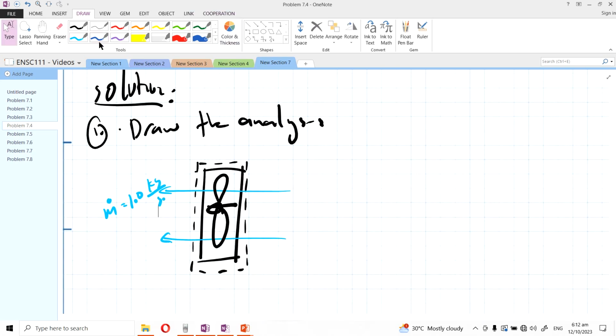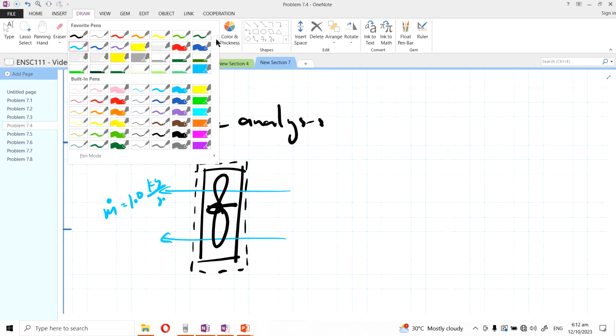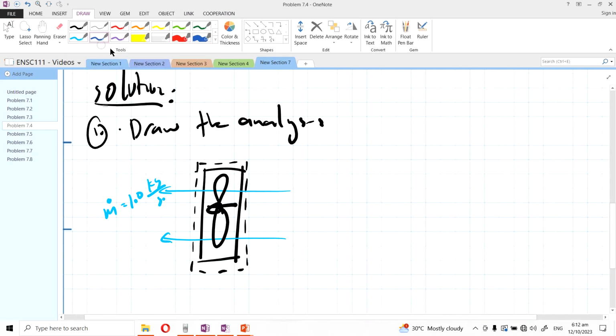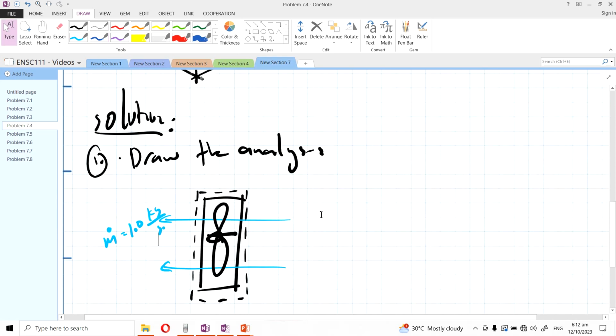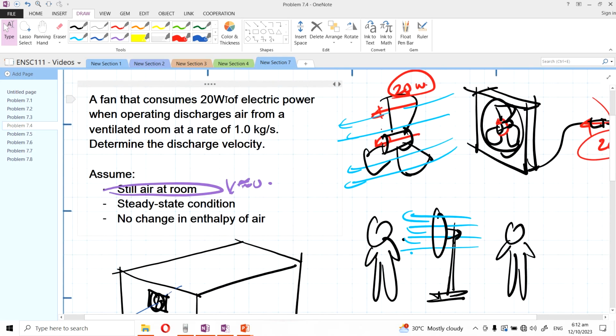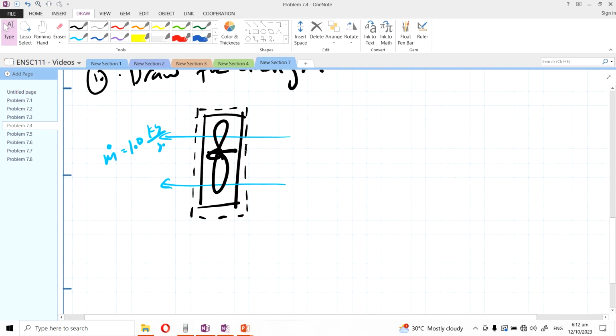Right. For the interactions, we don't have any heat loss or heat input. So the only input is the work, the electrical work. So here's our work input. We have to use our special notation for this.